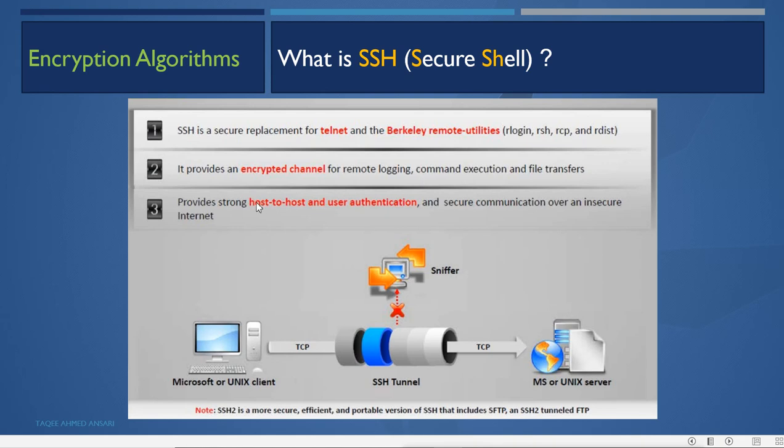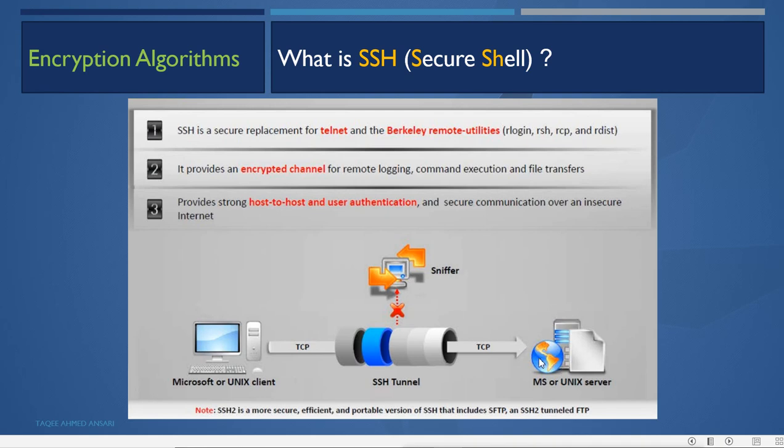It creates a secure tunnel from source to destination, that is, from client to server. On one side it sends the data encrypted, and on the other side it decrypts the data. In between, if anyone tries to sniff the data on the internet, they will not get anything.